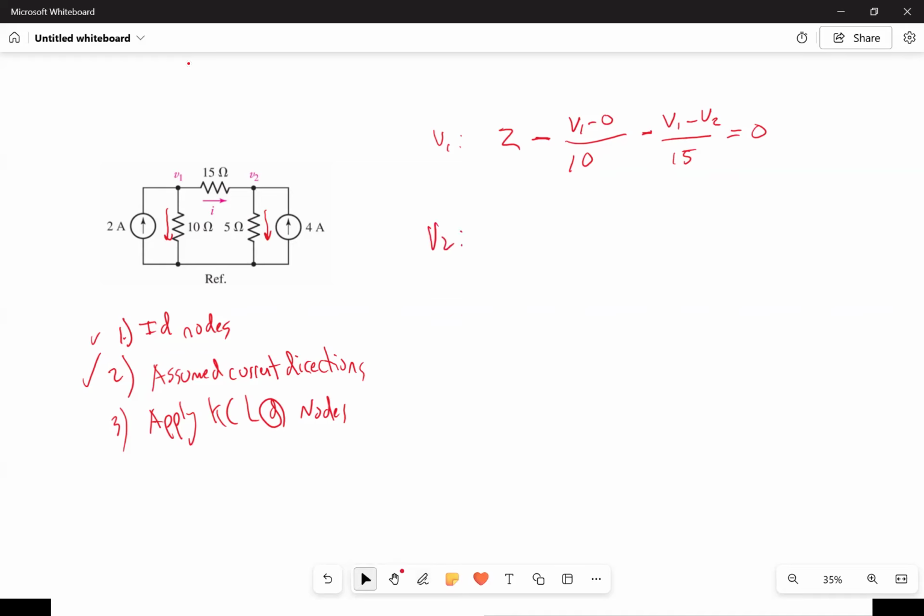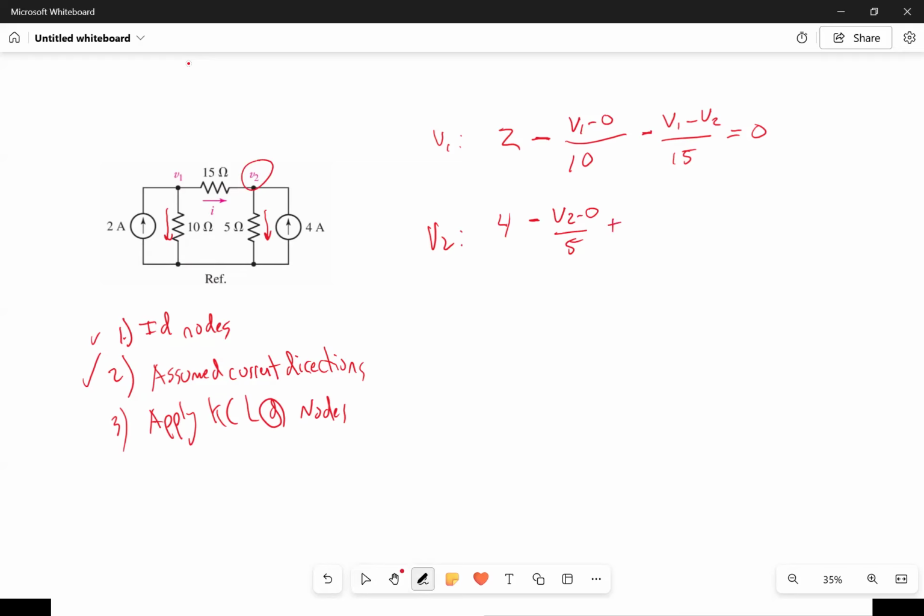My second nodal equation: sum of the currents into the node equals 0. So 4. I see that the current through the 5 ohm resistor is out, so that's minus (V2 minus 0) divided by 5. Now, V1 minus V2, is that a current into the node or out of the node? V1 minus V2 going into node 2?